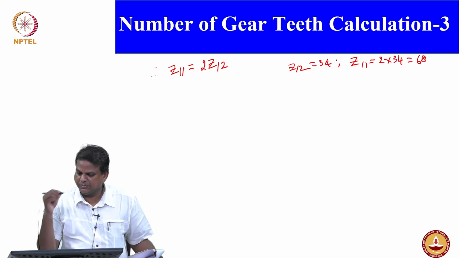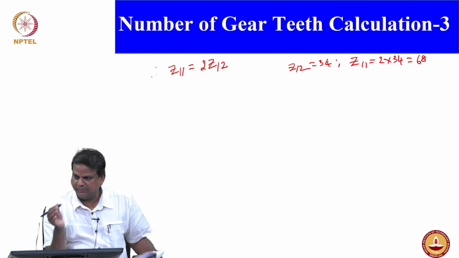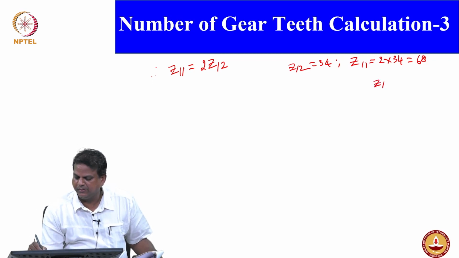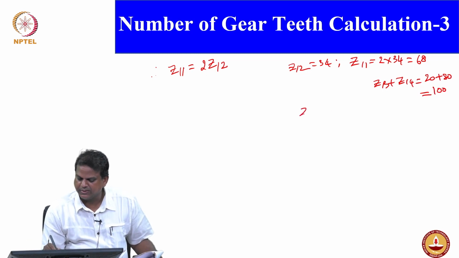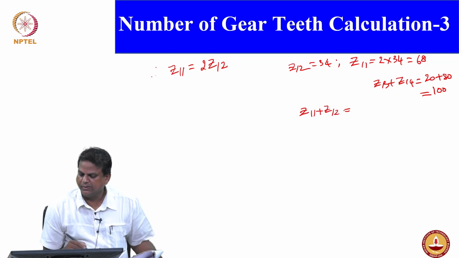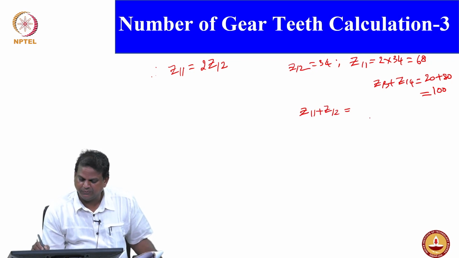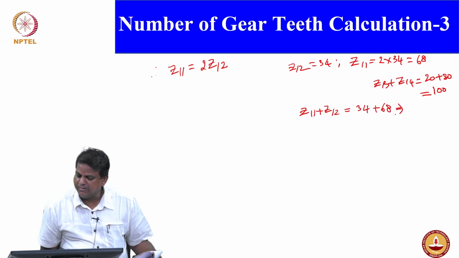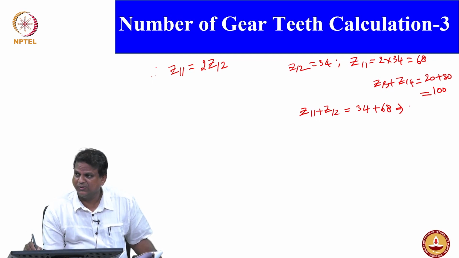As we are aware, already on this side Z13 plus Z14 must be 20 plus 80, we should expect 100. If you calculate Z11 plus Z12, that is 34 plus 68, what is the answer you are getting? 102.